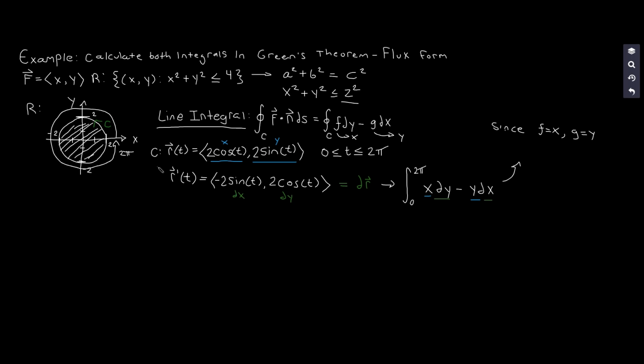So we can set this up with more detail. That is, the integral from 0 to 2 pi equals x, which is 2 cosine of t, times dy, and dy is 2 cosine of t, minus y, which is 2 sine of t, times dx, which is negative 2 sine of t.